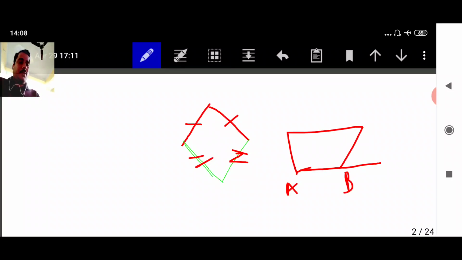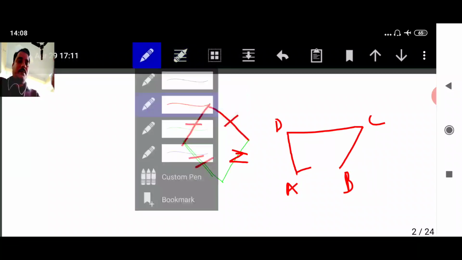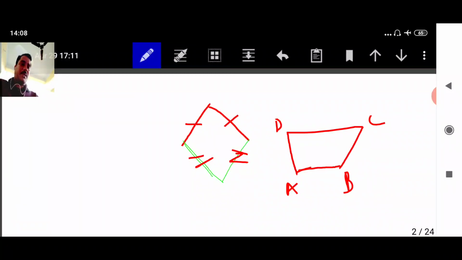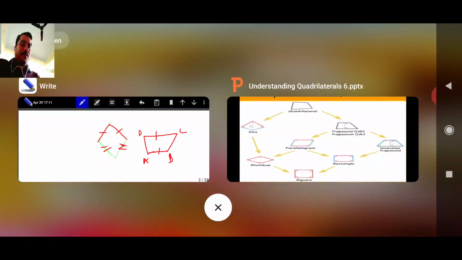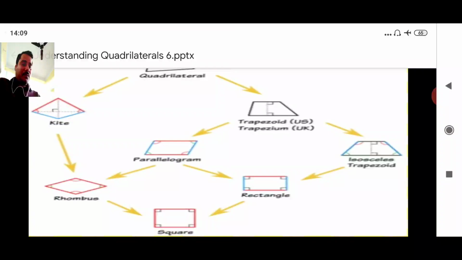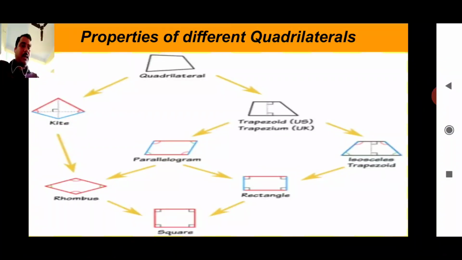ABCD is a trapezium. This line is parallel. And if both non-parallel sides are equal, then it is known as an isosceles trapezium.